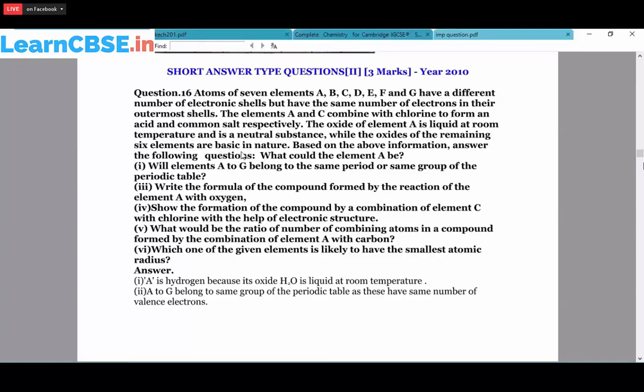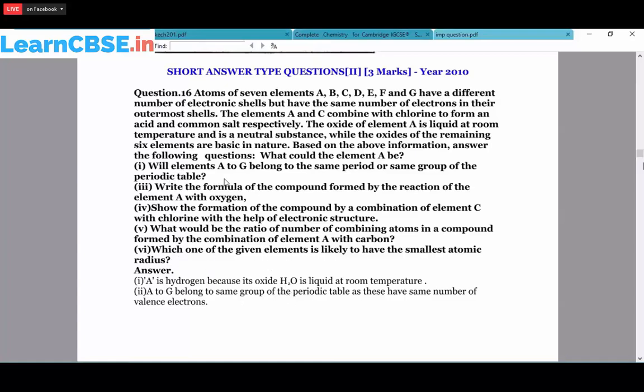So the element A will be hydrogen, because when it combines with the oxygen, we get a liquid. And also, it forms an acid, HCl, hydrochloric acid. So based on this information, we have found out that A is nothing but hydrogen.